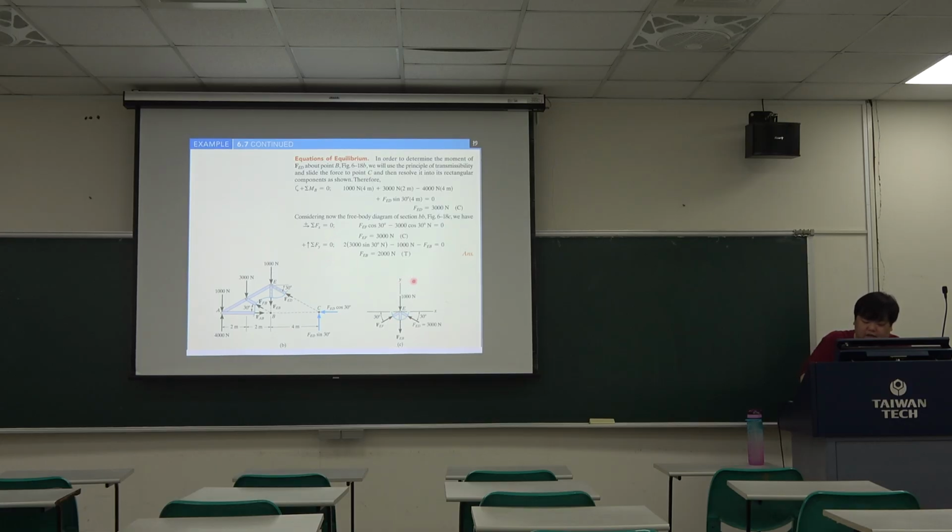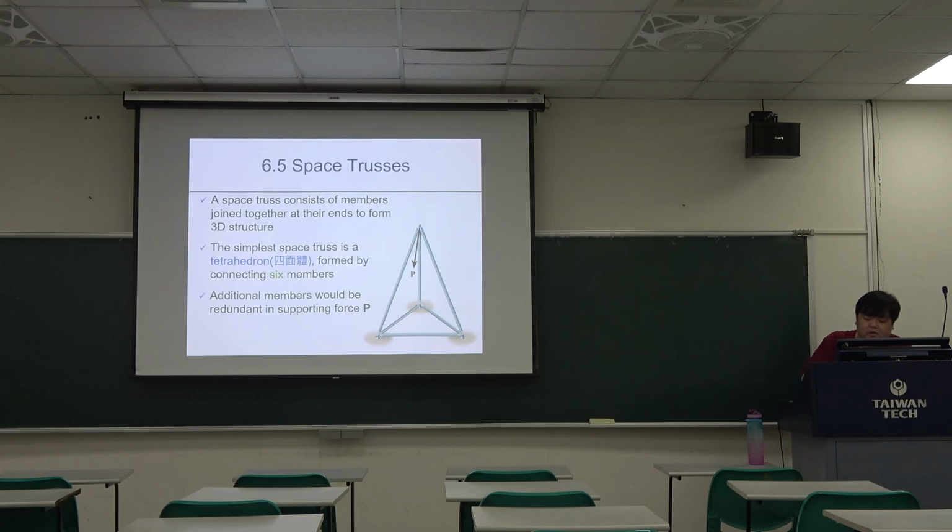When we do the summation Fx equal to 0, just use this and this, and these two are the same. When we do the summation Fy equal to 0, just use this force and this force. So the FEB is equal to 2000 Newton.